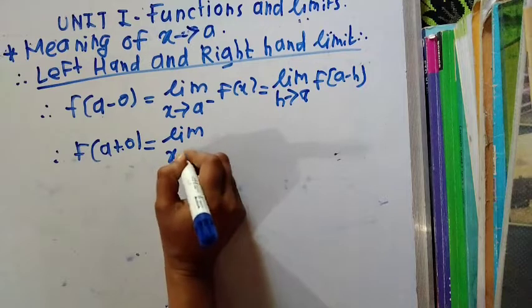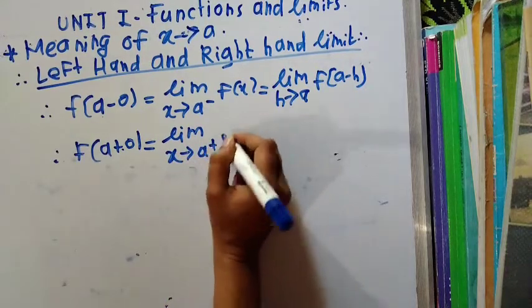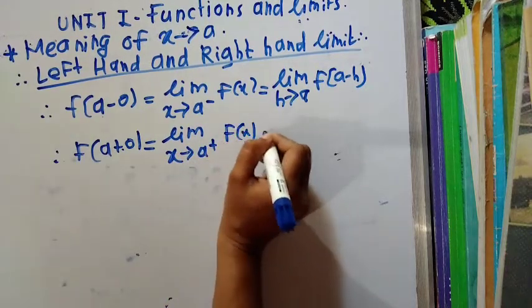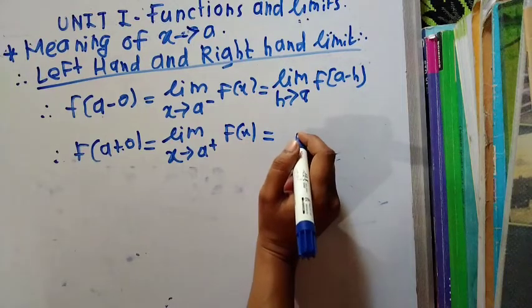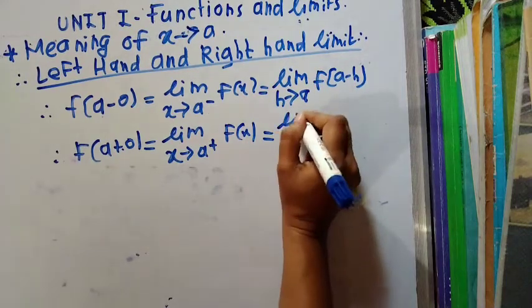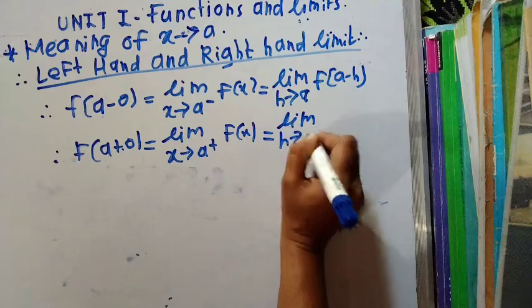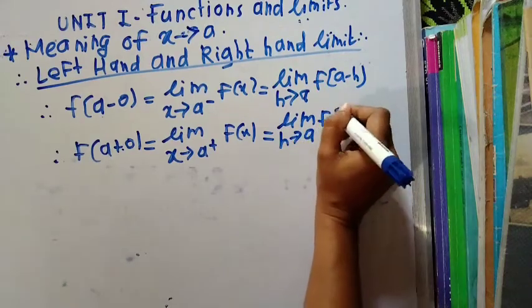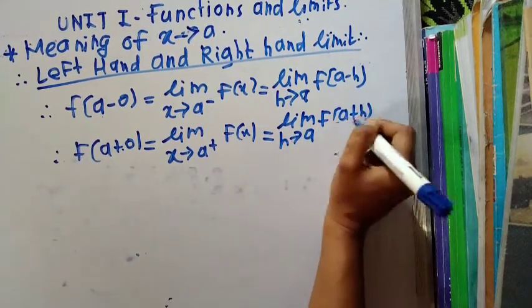Limit x tends to a plus of f of x is equal to limit h tends to 0 of f of a plus h.